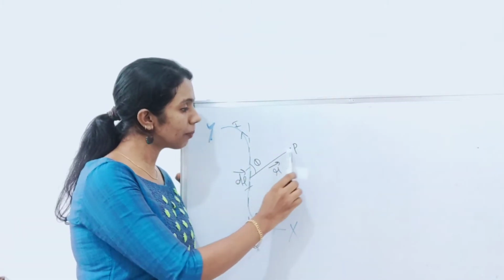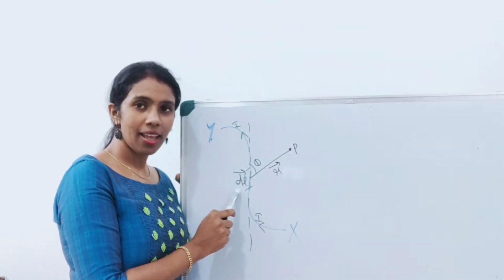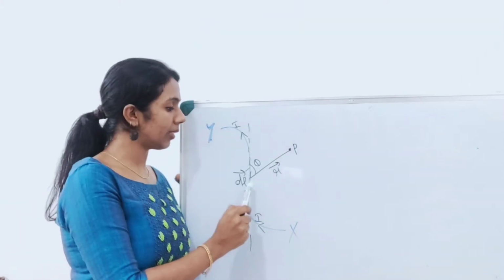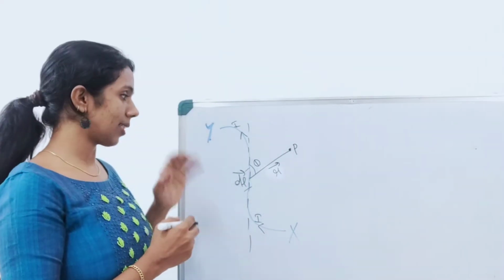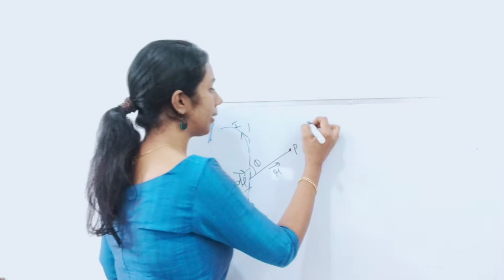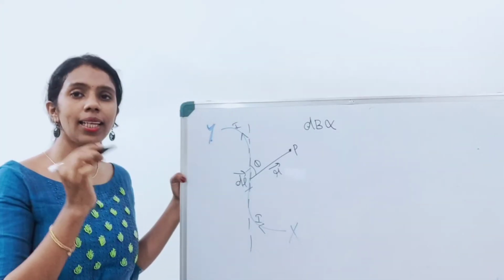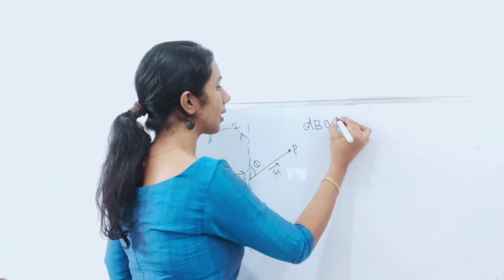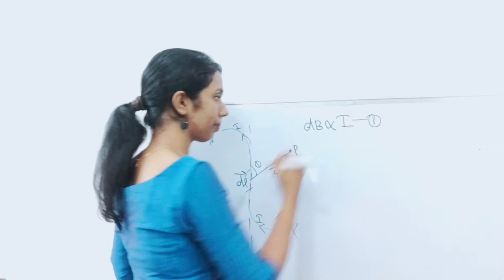Let r be the position vector of point P with respect to the current element dl, and theta is the angle between this position vector and dl. According to Biot-Savart's law, the magnetic field dB at the point P will be directly proportional to the current carried by this conductor. So this is the first equation.